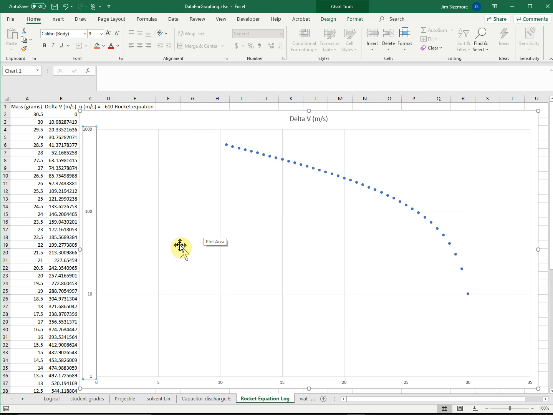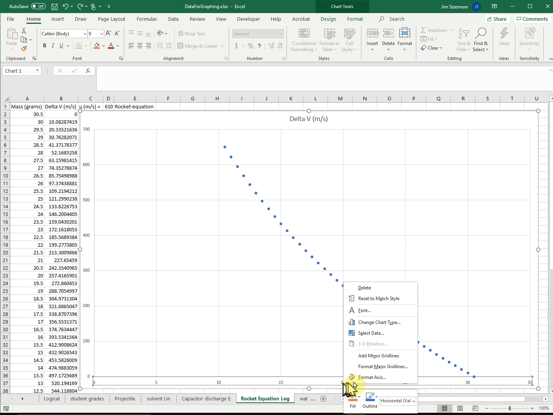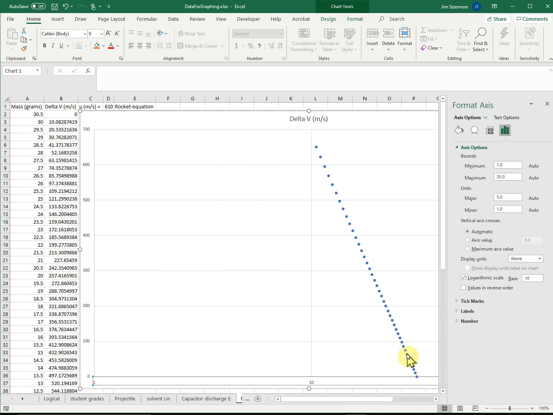Okay. Remove it. Let's try it on the second axis. We could try it on both axes. Logarithmic scale. Ooh, now it's a nice straight line.